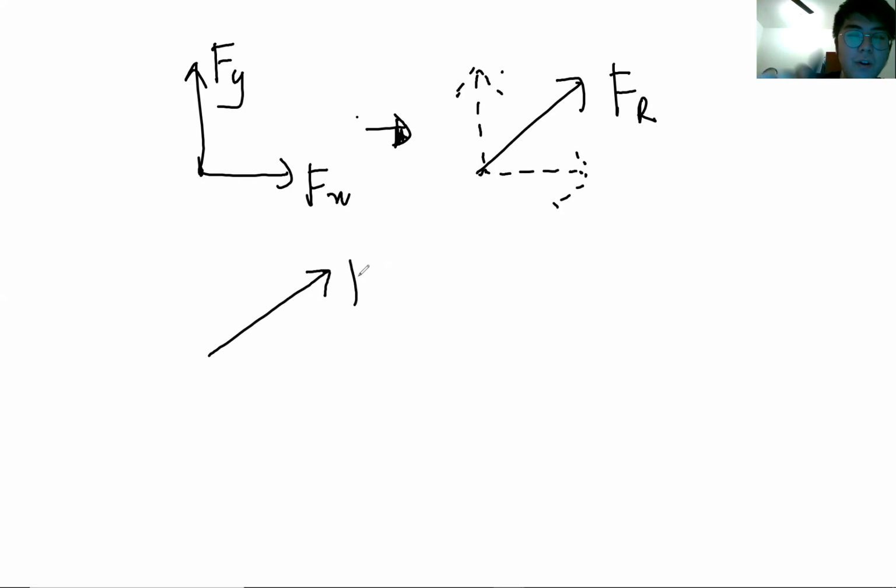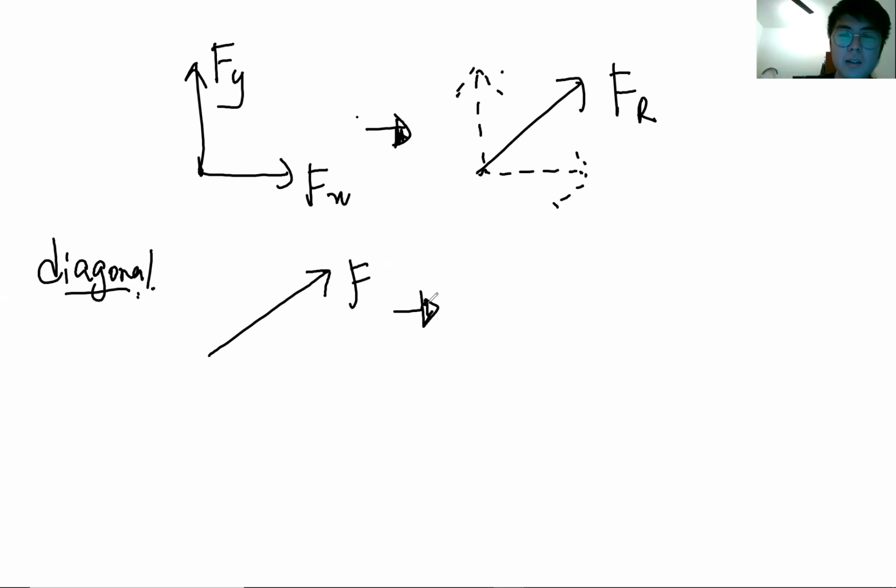We start with any force, not only resultant. We start with any force that is diagonal. Any force that is diagonal, we can resolve that into vertical and horizontal component. Okay, so this one is just the opposite of the first process.